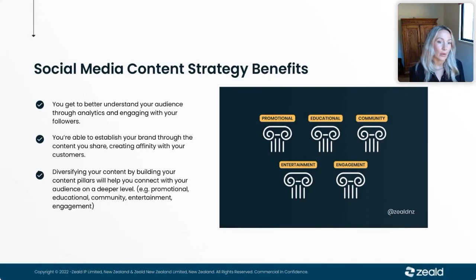So just really being aware of who your audience is and who you're talking to, and also which platforms they're on when they're online. All of those things you can find out through analytics on various different social media platforms. So having a good idea of who you're even trying to talk to is obviously crucial and the first step in creating a social media content strategy.